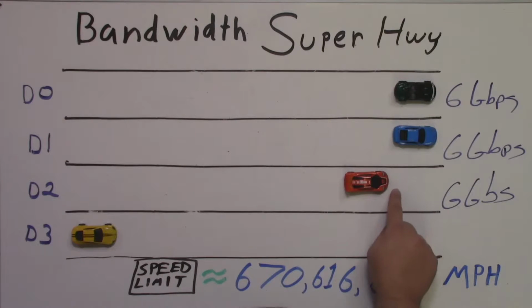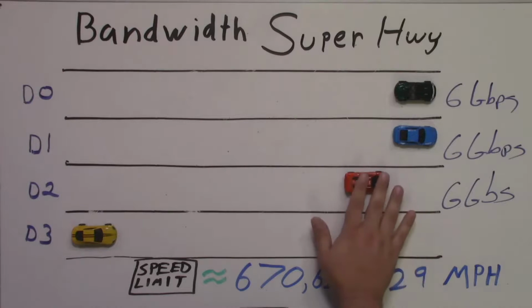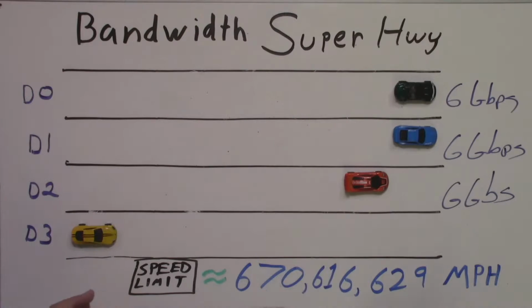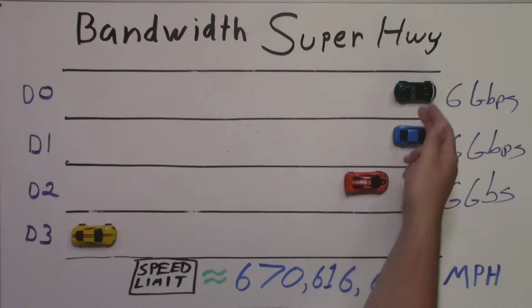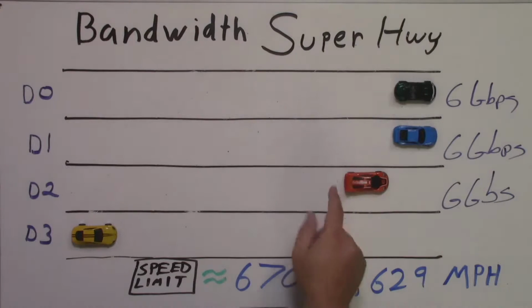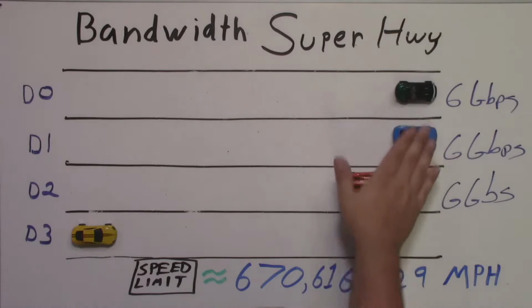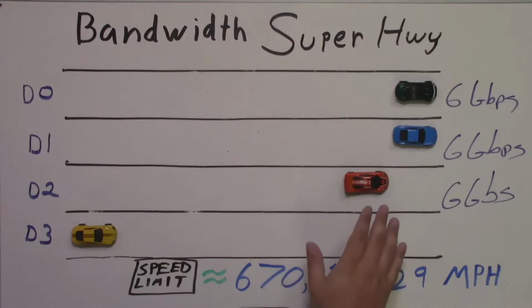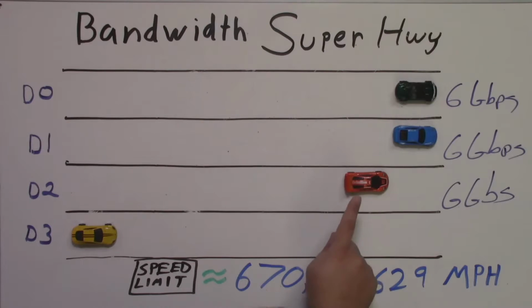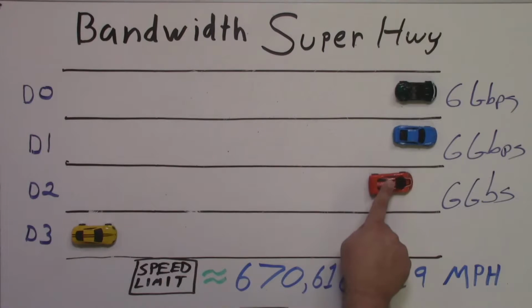HDMI is digital, but it either works or it doesn't, and it's RGB in effect. So you're going to wind up getting pixelation, or red pixels, red sparkles across your screen, because that strand isn't getting there in time.